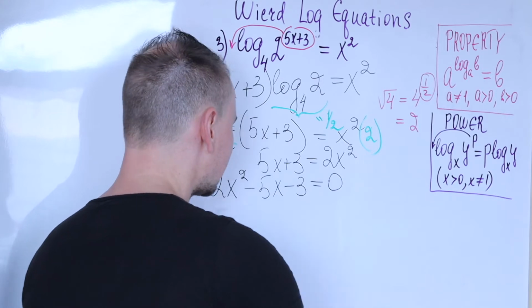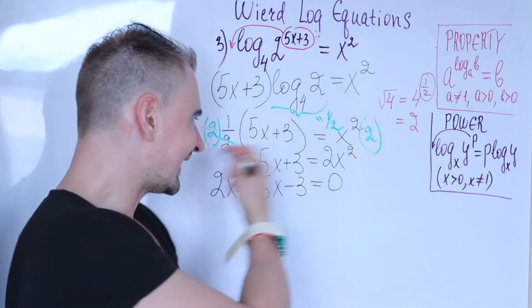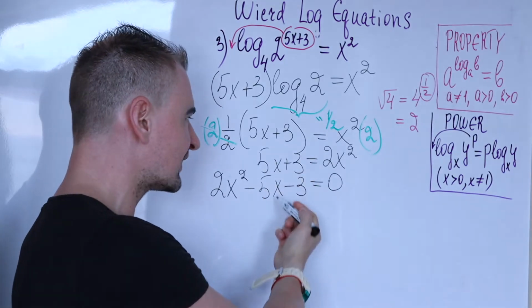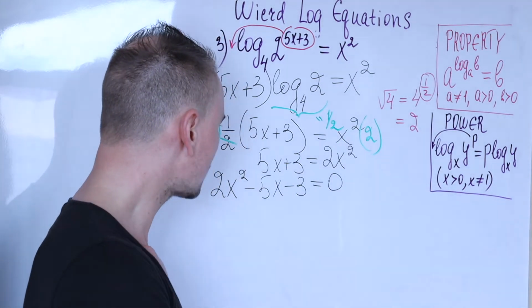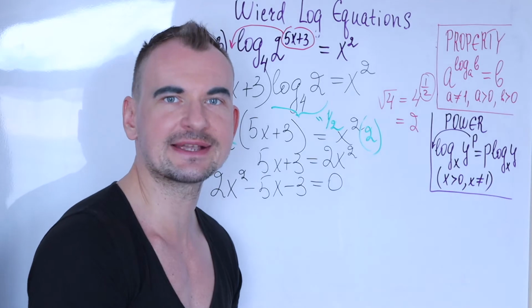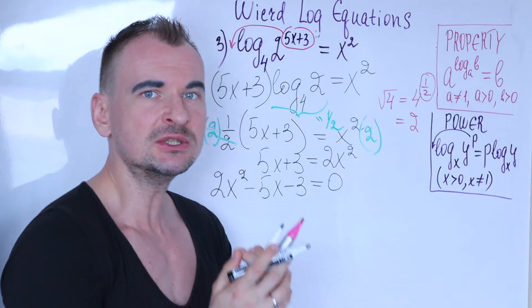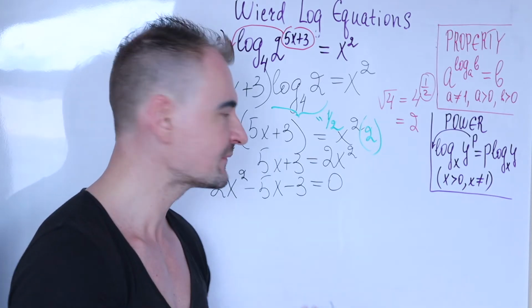Normally, we write it in descending order, the highest power of x first and the lowest last. Now, all you do is solve it for x. Generally speaking, you have two values of x because it's quadratic.